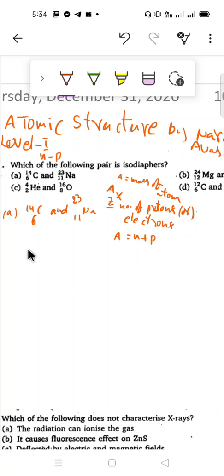Here for carbon, Z is equal to 6, which means the number of protons is 6.